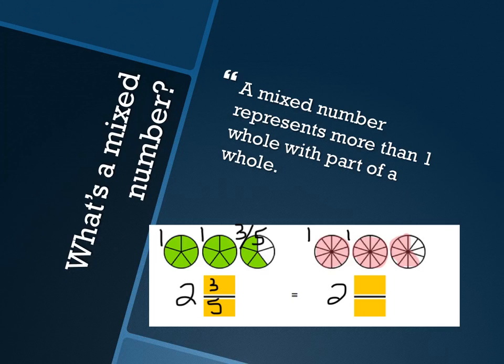So I now have 2 wholes and 6/10. Notice that the whole number does not change, but the fraction does. And in this case, it did so using multiplication. 5 times 2 is 10, and 3 times 2 is 6.